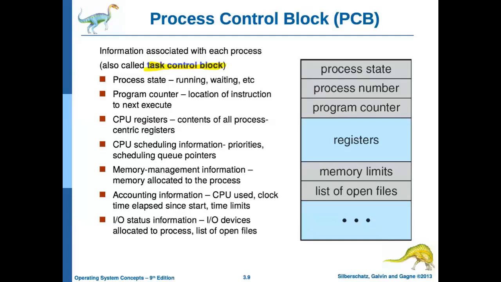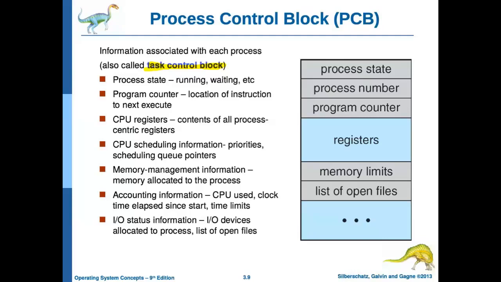Okay. So number one, PCB holds information about what is the current state of the process. And current state of process, we are already aware there are 5 states.